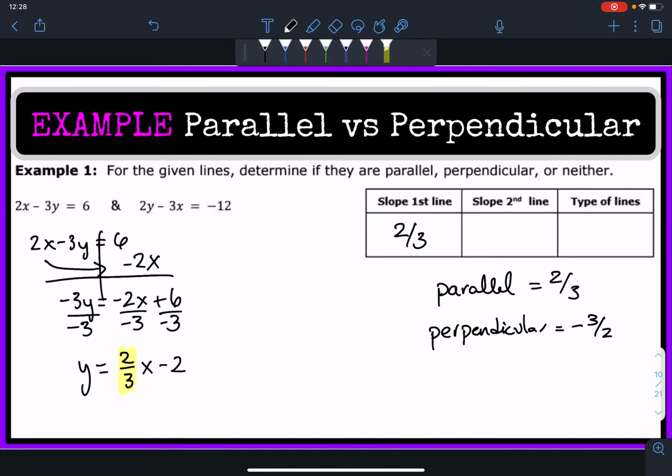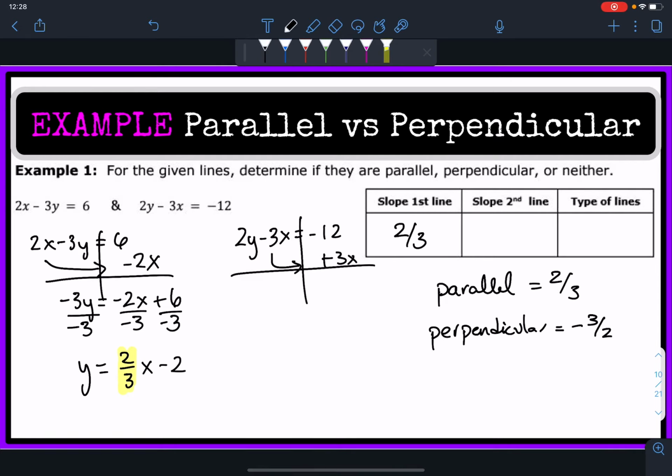So on the second equation, I'll need to identify the slope. I'm going to use a shortcut for that one. Oh, this is not written in the right format, so I'm not going to use a shortcut. I'm simply going to move the x term to the opposite side. So we have 2y minus 3x is equal to -12. I'm going to move the x term to the opposite side, which is going to make it positive 3x.